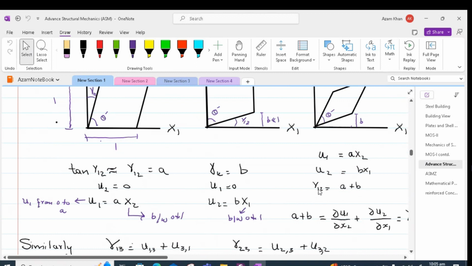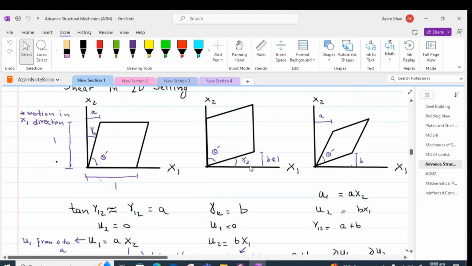So our gamma was equal to rate of change of displacement in the x2 direction plus rate of change of displacement in the x1 direction. In other words, the shear strain of an element was taken as the summation of the rotation of the two concurrent sides corresponding to the axes of the coordinate.